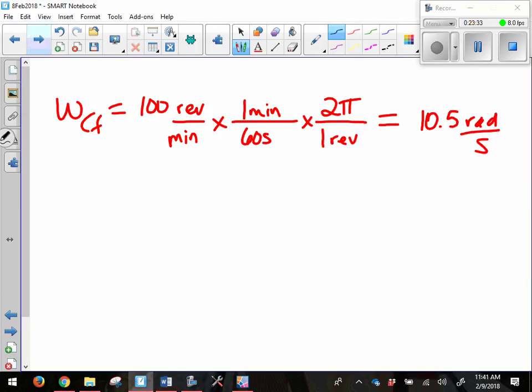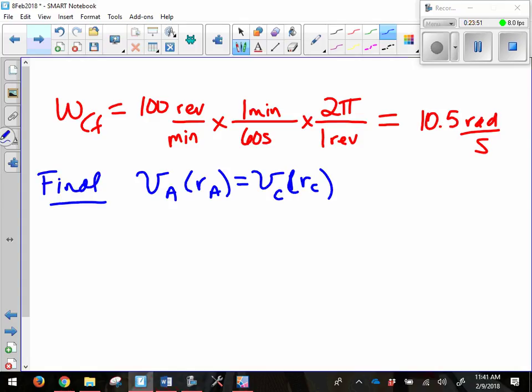So if we take our side trip here, I know that VA at RA is going to be VC at RC. And if I think about it at my final time, as it were, then what's VC equal to? And what's VA going to be equal to?